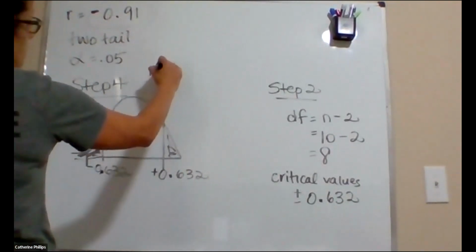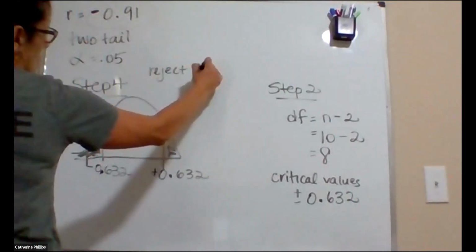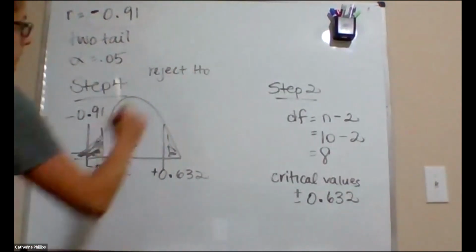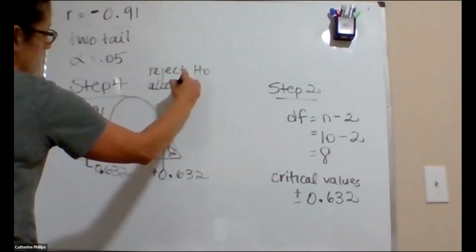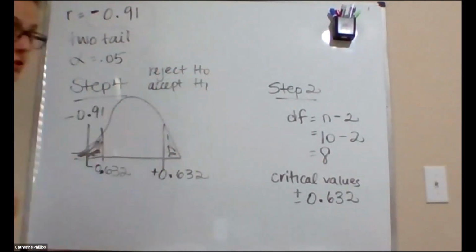We're going to reject the null. We're going to accept the alternative. This is evidence showing that you're not just guessing.